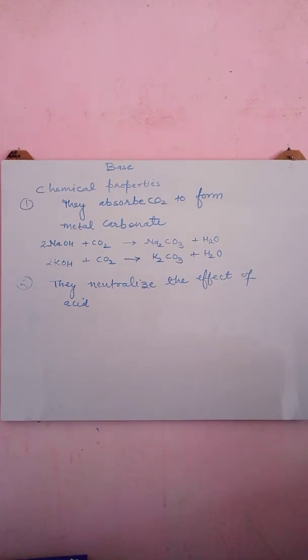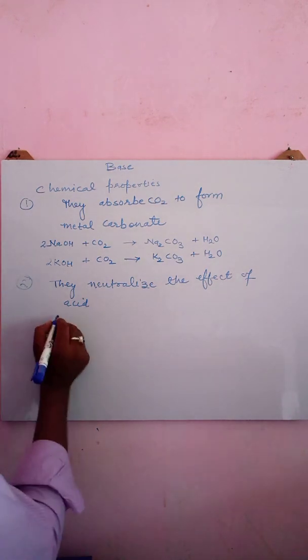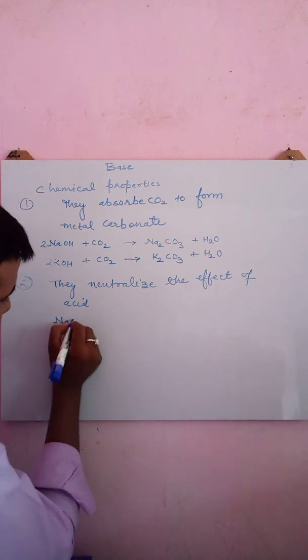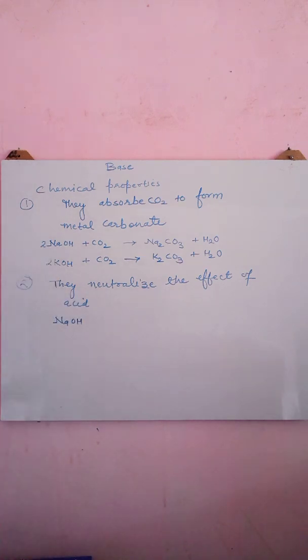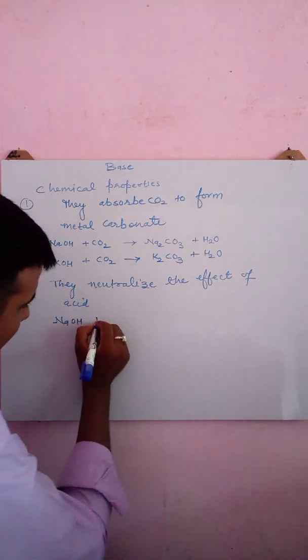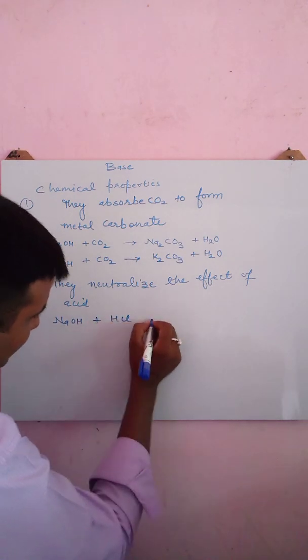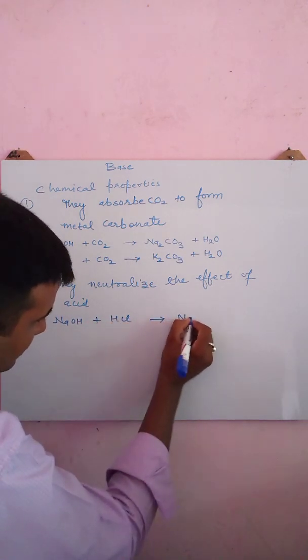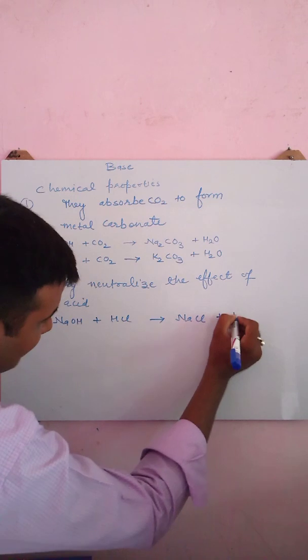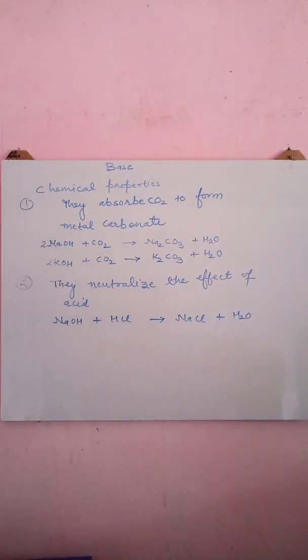In the topic of acids, we have learned that acid neutralizes the effect of base. Let's see, for example, sodium hydroxide, a base. It neutralizes the effect of hydrochloric acid to form normal salt, NaCl, plus water molecule. And this reaction is known as a neutralization reaction. Right?